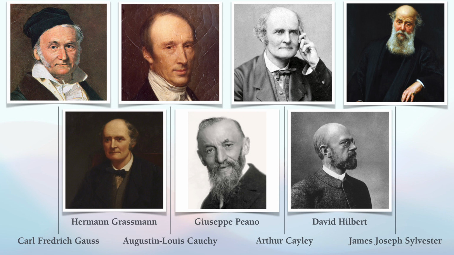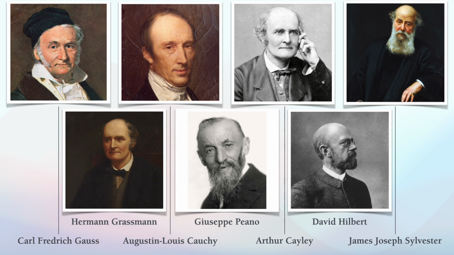Arthur Cayley and James Joseph Sylvester formalized matrices and linear transformations, creating a symbolic framework to represent and manipulate geometric and algebraic objects.